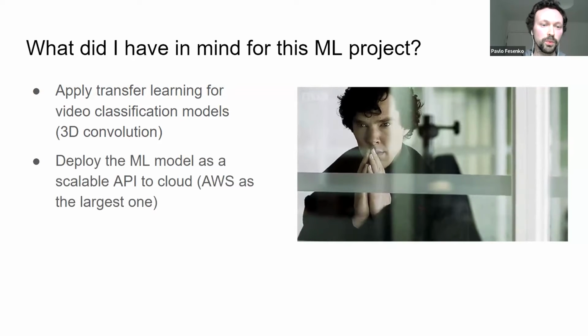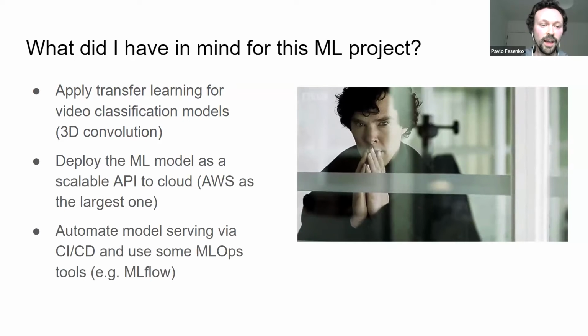I also wanted to deploy the final machine learning model as a scalable API to the cloud. I chose AWS since this is the largest one and one of the most popular. And I also wanted to automate the whole model serving pipeline using CI/CD and popular MLOps tools like MLflow. So these were the goals that I was setting for this project.